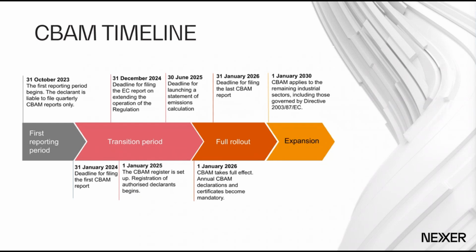Right now we are in the transitional phase, and it has already begun. Since the 1st of October last year, companies like yourself are obligated, on a quarterly basis, to report to the European Union how many products you import from countries outside the European Union, and what carbon offset or footprint that generates.